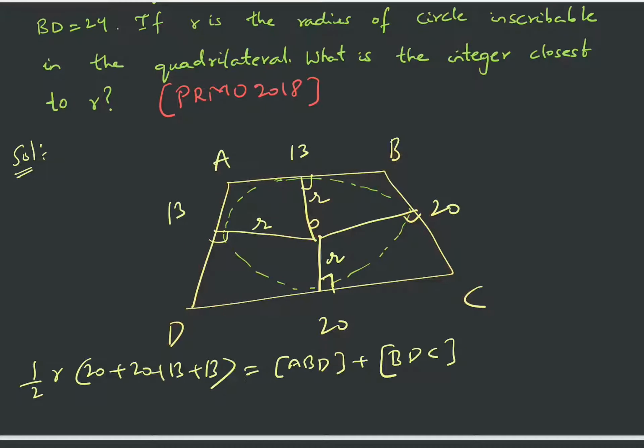Now you are already given the length of BD as 24, right? So you know the length of BD, which is equal to 24. Since you know the lengths of all three sides of both triangles, you can use Heron's formula to find the area of the smaller triangles.